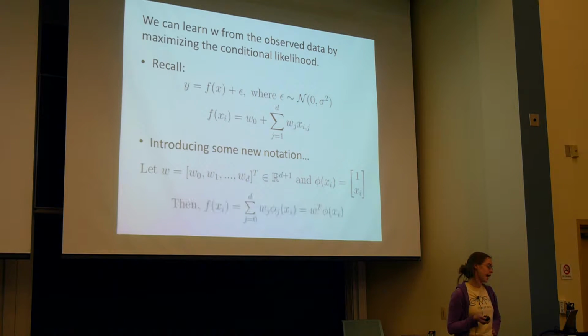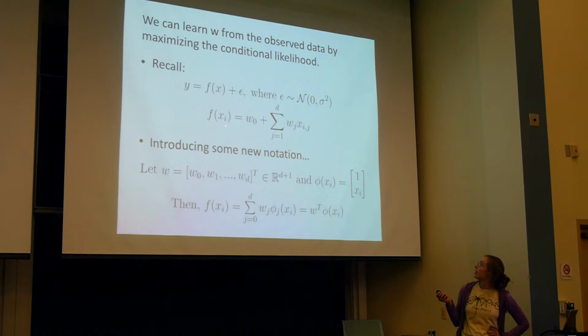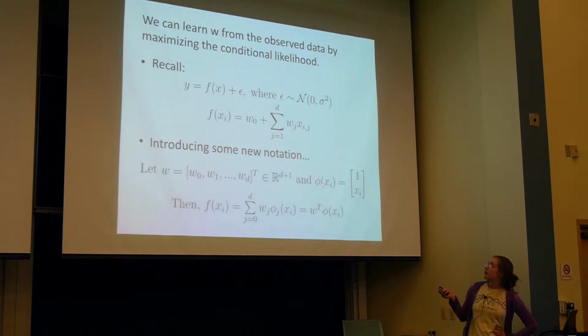And you can see if we do that, then we can rewrite f of x, which had been w0 plus the sum of wj times xj, by moving w0 into the sum, because the first component of phi is going to be this 1. So then we'll multiply 1 times w0, and that's how we get that. And then the rest of the sum is still the same. So then we can write that as w transpose times phi.